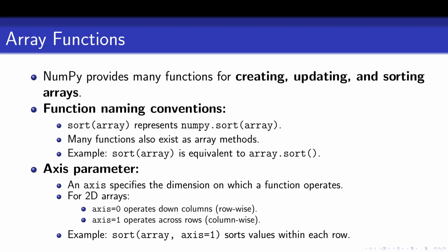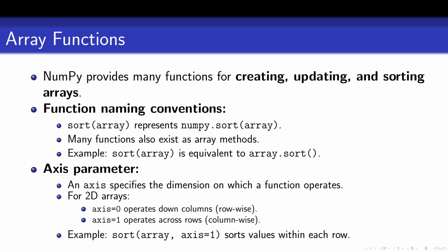NumPy provides a wide range of functions for working with arrays, especially when it comes to sorting, updating, or transforming their contents. These functions typically operate along a specified axis, which allows you to control the direction of the operation in multi-dimensional arrays. For example, in a 2D array, setting axis equals 0 will apply the function down each column, while axis equals 1 applies it across each row. The sort function is a good example.